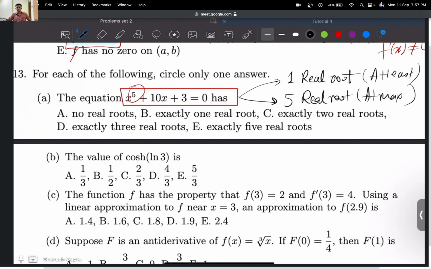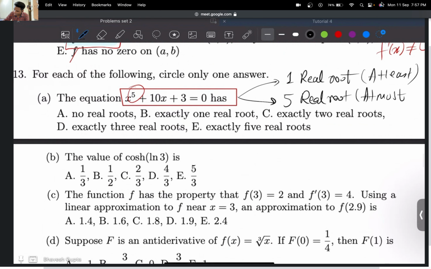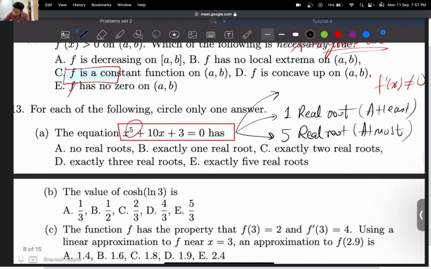Let me write it: at most. At max is the wrong word, the word is at most, right? And what are the other possibilities in between? You might have 3 real roots, maybe, but you cannot have 2 real roots.